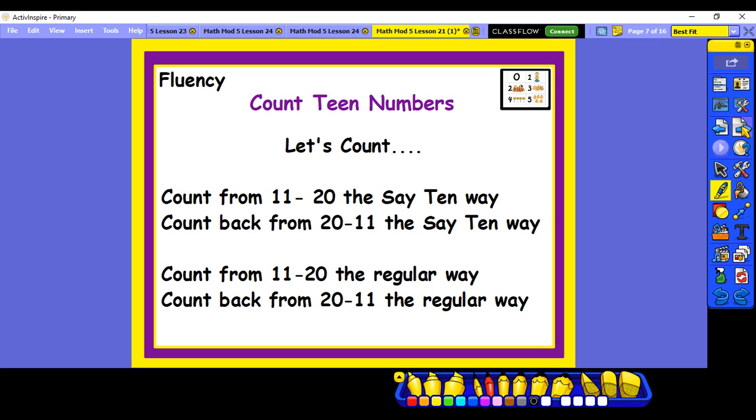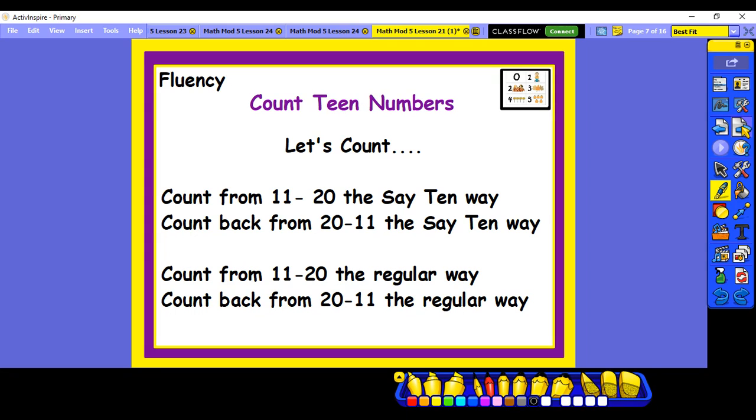Now let's count backward from 2 10s back to 11. We say 2 10s, 10, 9, 10, 8, 10, 7, 10, 6, 10, 5, 10, 4, 10, 3, 10, 2, 10, 1. Great job counting the say 10 way.